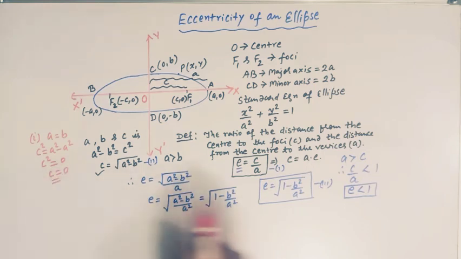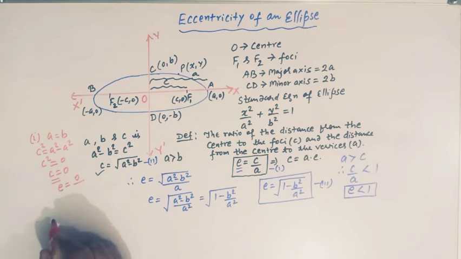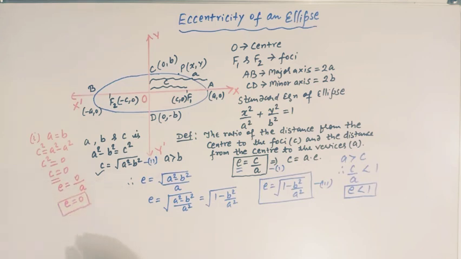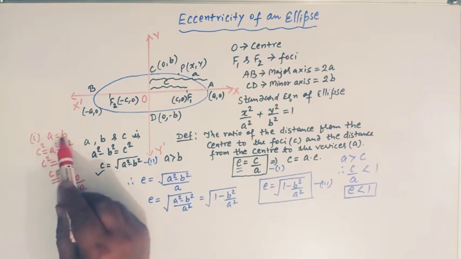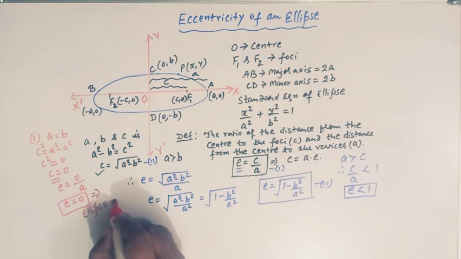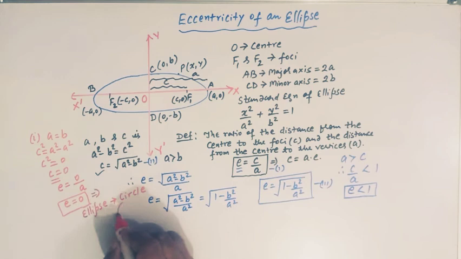In that case the eccentricity becomes 0 divided by a, and e is equal to 0. So the eccentricity is 0 when a is equal to b, which means the ellipse reduces to a circle, right? So the ellipse reduces to a circle when e is equal to 0.